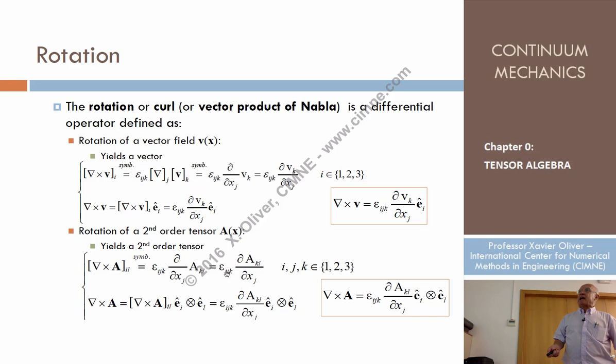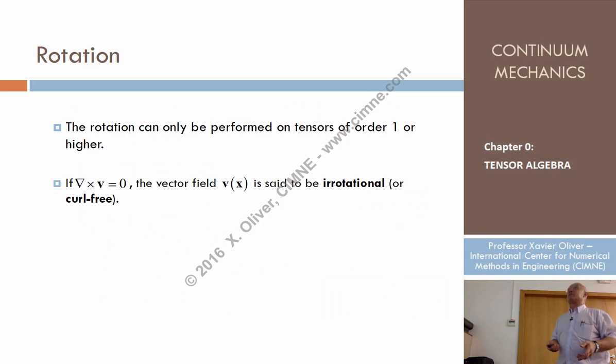So this is epsilon ijk, derivative of Tkl with respect to xj. This is a second order tensor, and so on. So at least we have a way, in our grammar, to express and work with rotationals of high order tensors.